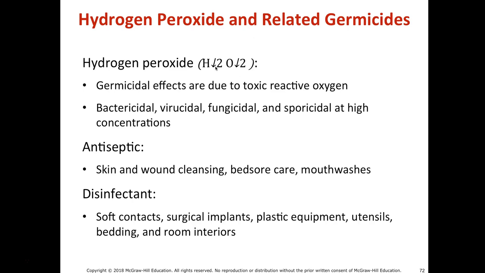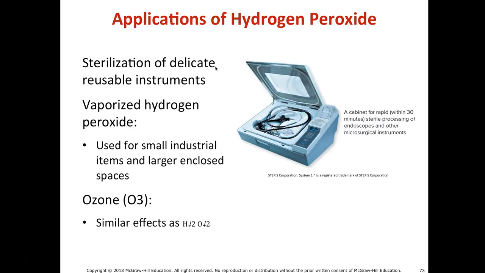So we can use it as an antiseptic on our skin and to cleanse our wounds, and also for bed sore care and within our mouthwashes. It can also serve as a disinfectant for things like our soft contact lenses, surgical implants, plastic equipment, utensils, bedding, and room interiors.